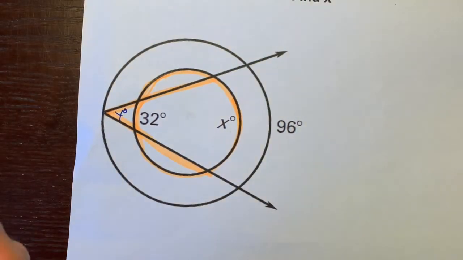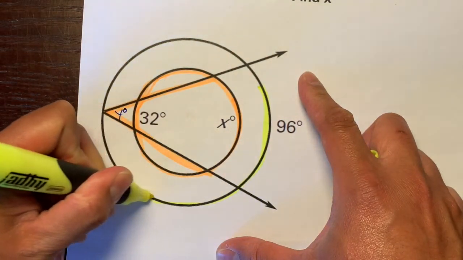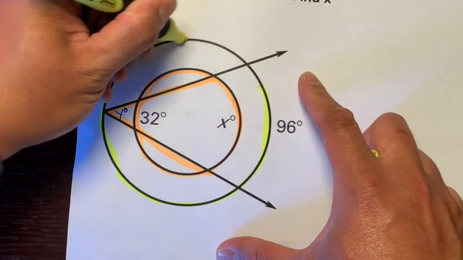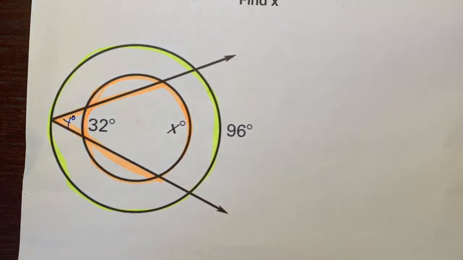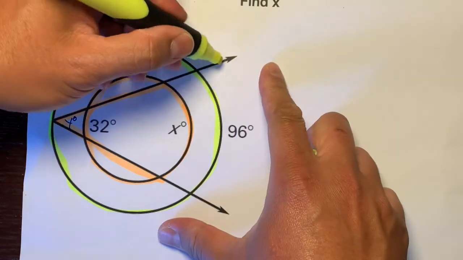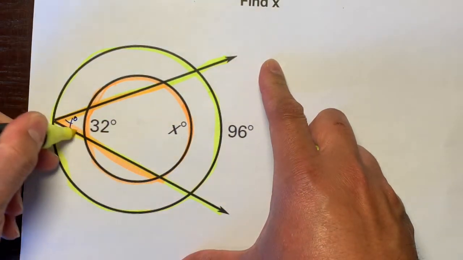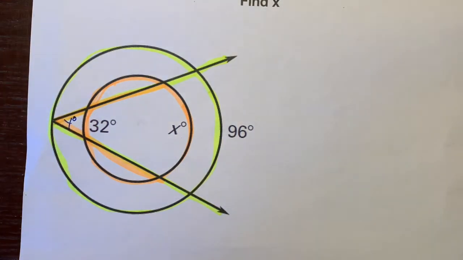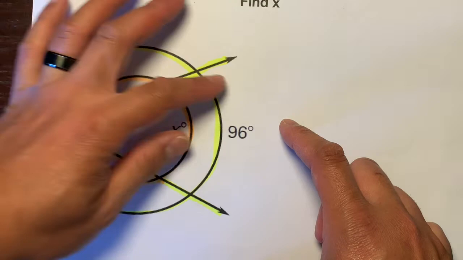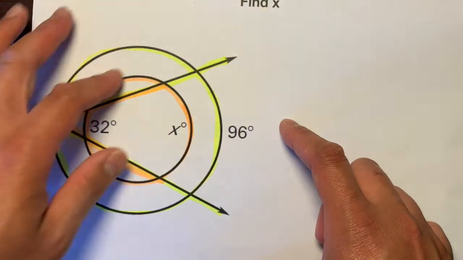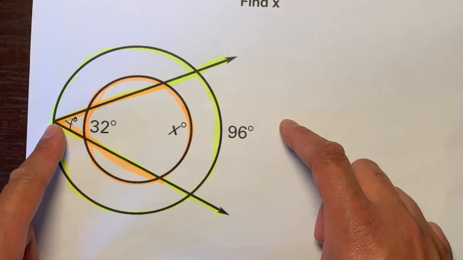So if we take this highlighter and just focus on the outer circle, and if you guys notice, here's this angle right here. Look at that. Just focus on the neon. This angle right here for this neon circle, the outer circle, is an inscribed angle.